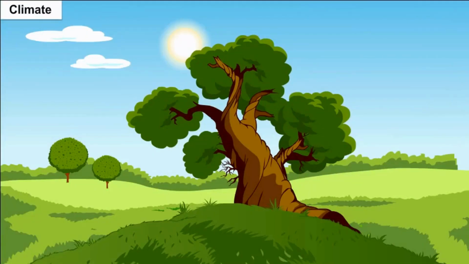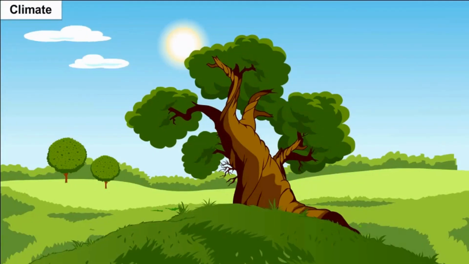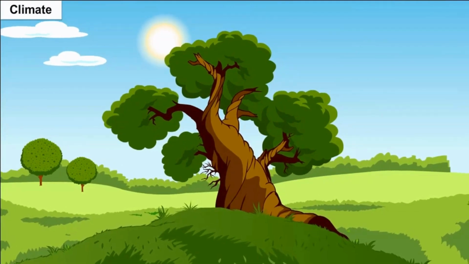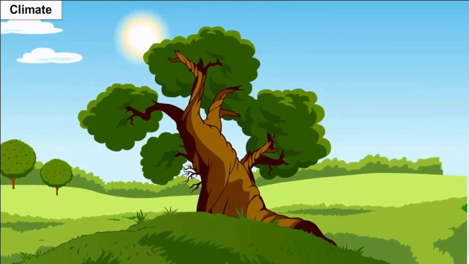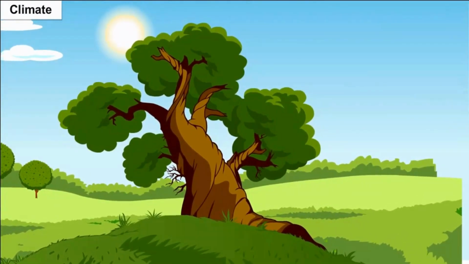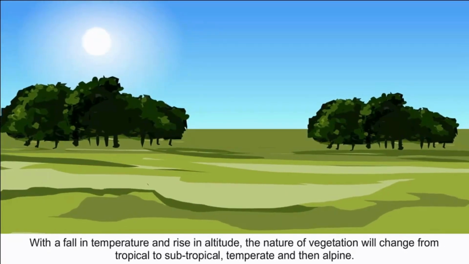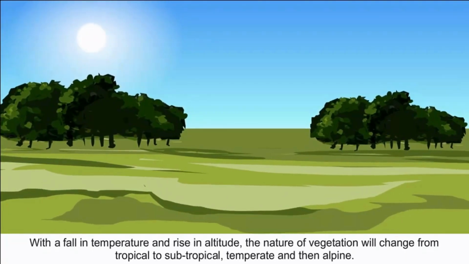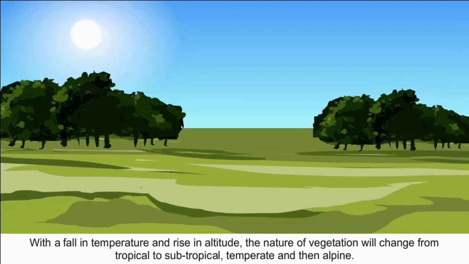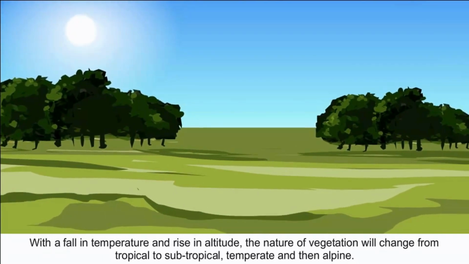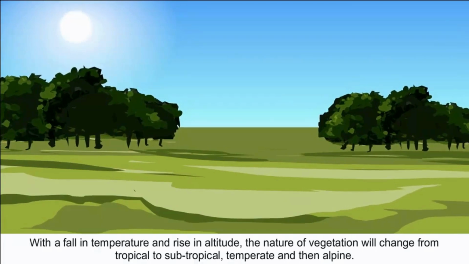2. Climate. A. Temperature along with precipitation, altitude, and humidity impacts vegetation. With a fall in temperature and rise in altitude, the nature of vegetation will change from tropical to subtropical, temperate, and then alpine.